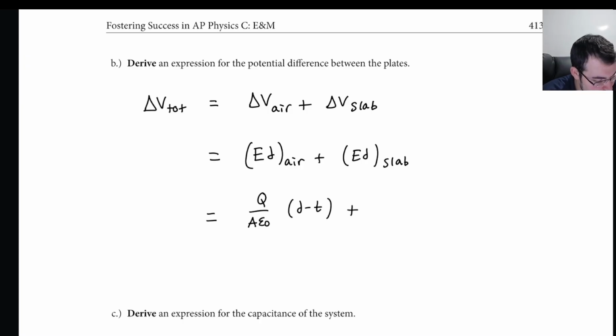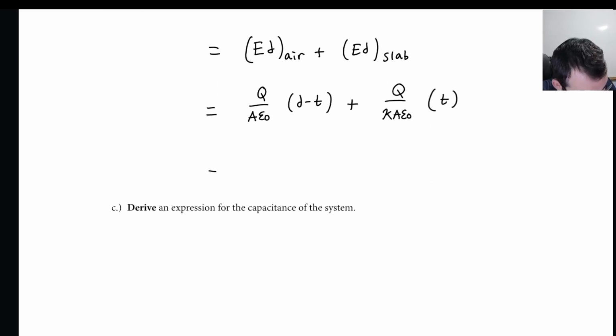And then what is ED in the slab? Well, we said that in the slab, our field gets divided by a factor of kappa, and it only operates over a distance T. So we might clean this up a bit. Everybody has a Q. Everybody has an A epsilon naught.